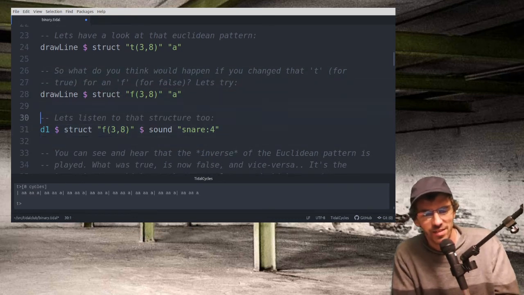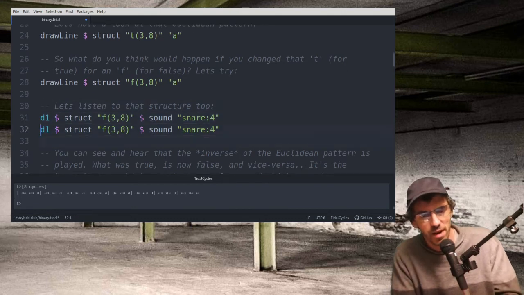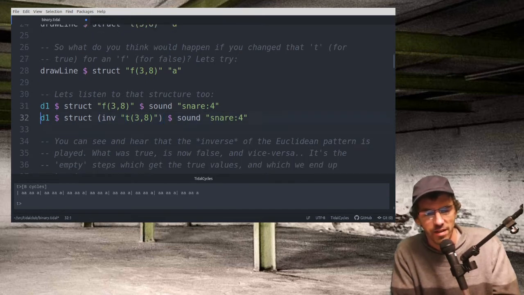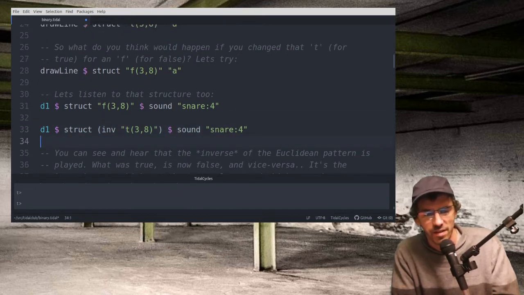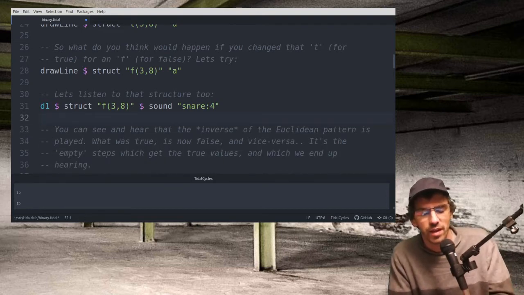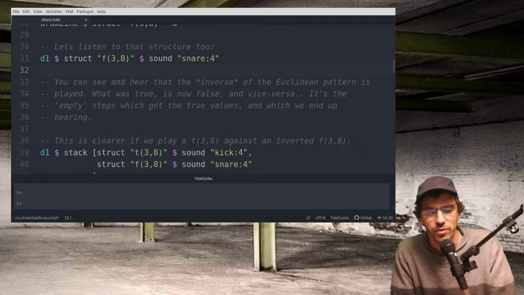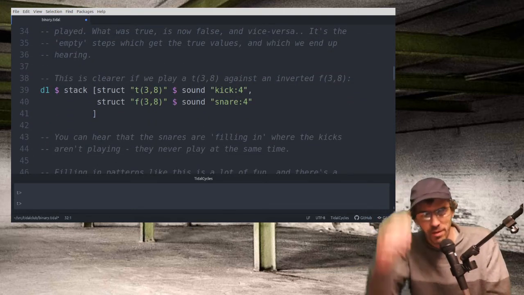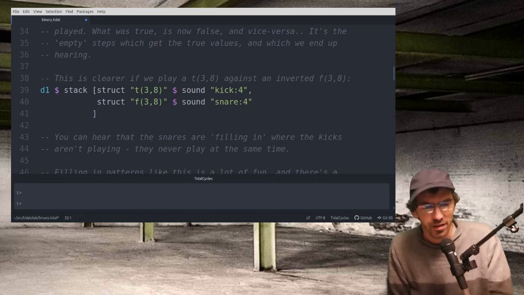So that is exactly the same as doing this. If you invert a true value, it becomes false, and if you invert a false one, it becomes true. So you're just flipping and flopping around here, or I am anyway. I don't know about you. Right.